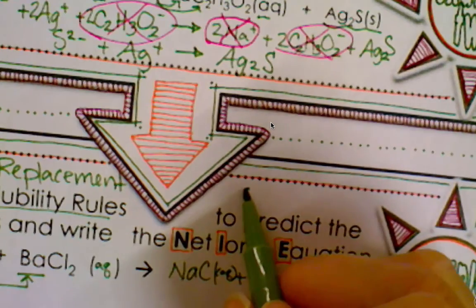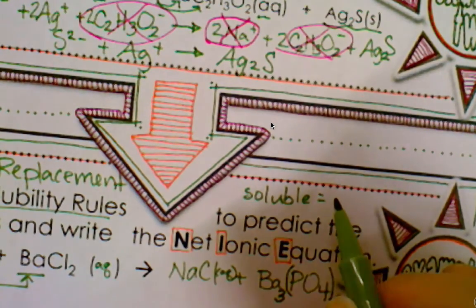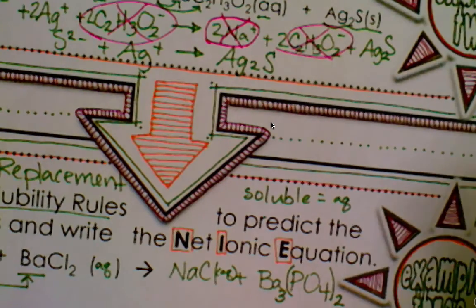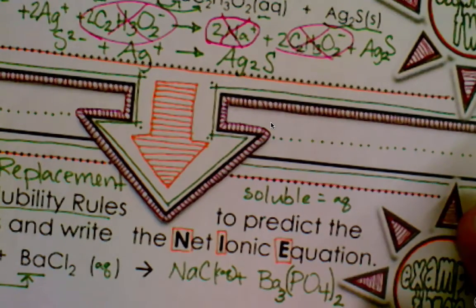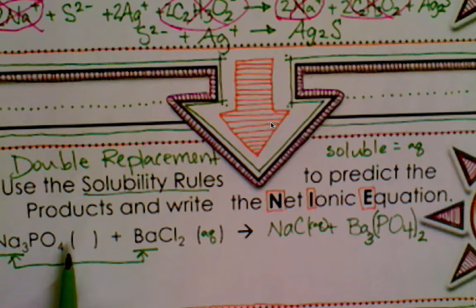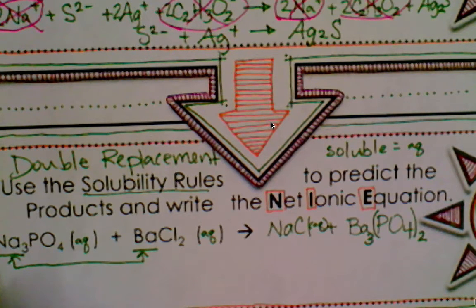That word soluble means it dissolves in water. So we write AQ, not an S. I know since it starts with an S, it's tempting to write S for soluble, but don't do it. Resist the temptation. Okay, it looks like we can put sodium phosphate as soluble too, because remember, alkali metals are always soluble. So anything with sodium is aqueous, always.